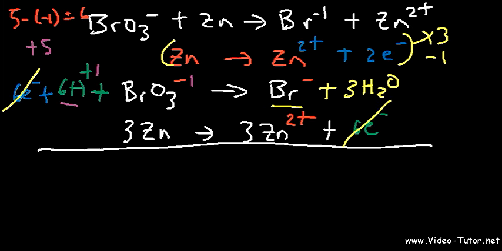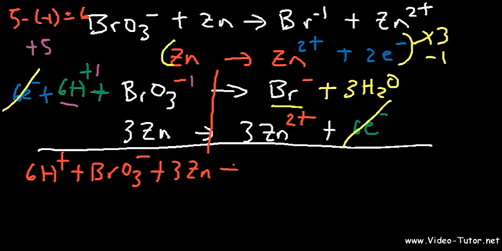The electrons will cancel, and everything on the left side simply falls down to the left side. So we have 6H plus, bromate, plus 3Zn yields 3Zn2 plus, Br minus, plus 3H2O. And now that reaction is balanced.